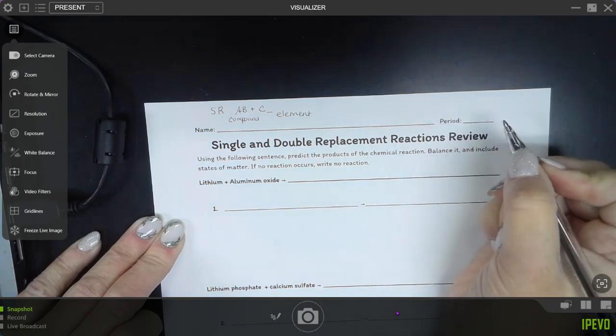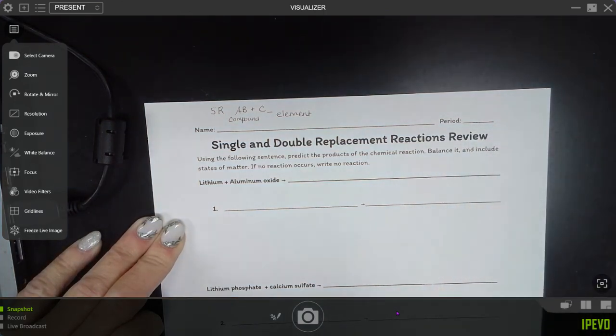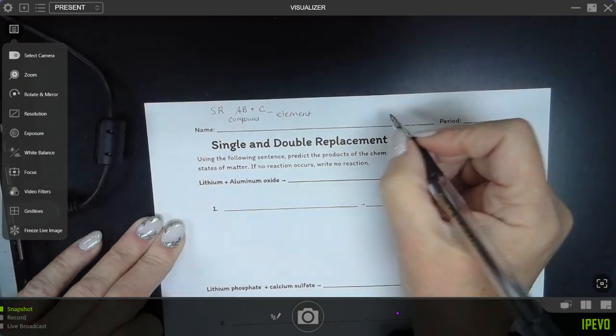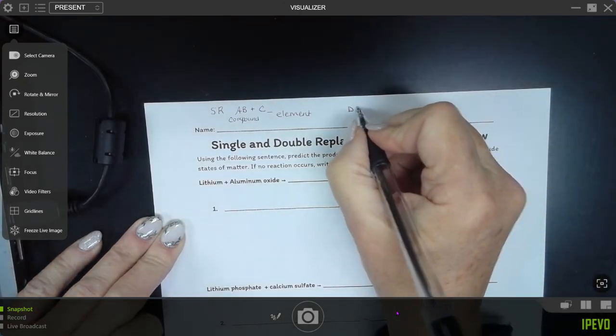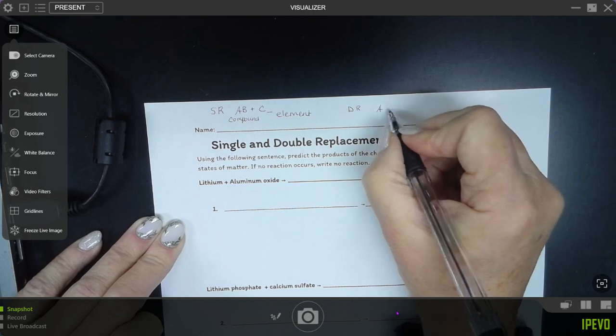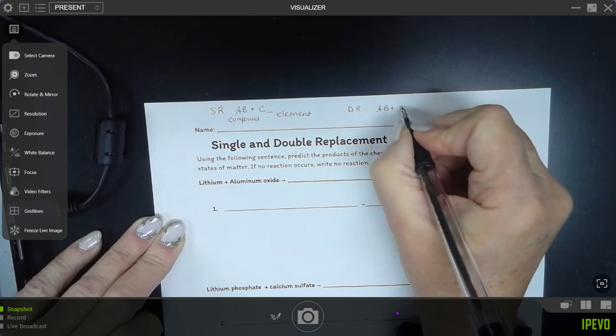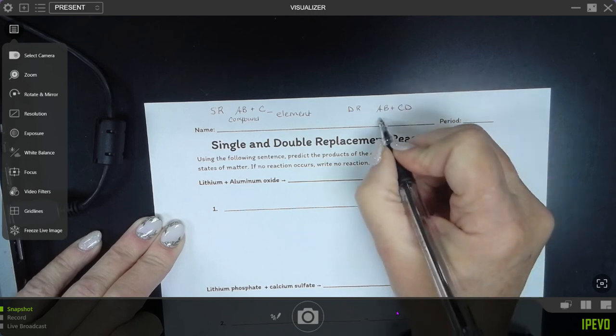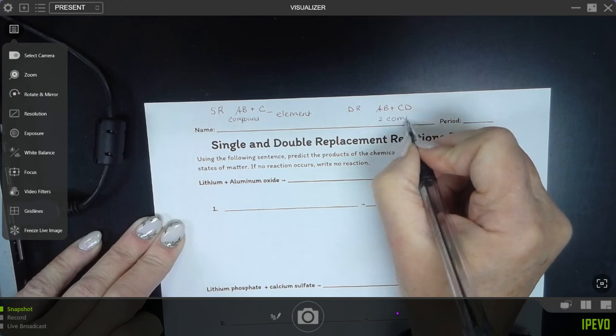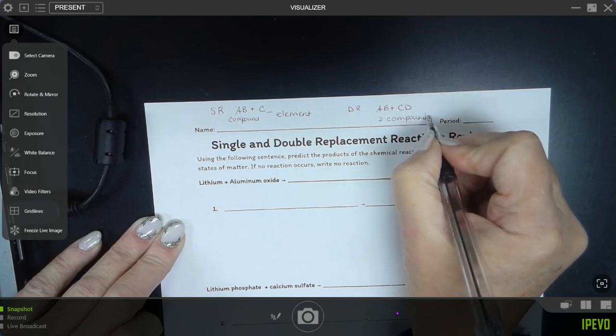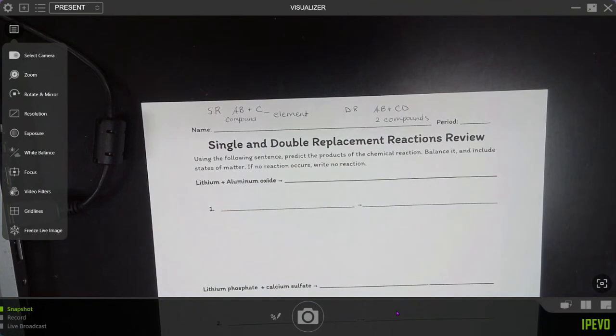One of the elements is going to replace the other depending on the activity series. The second type, double replacement, has the generic formula AB plus CD. So we have 2 compounds in this reaction. It's really important to identify the type of reaction so you know how to predict the products correctly.